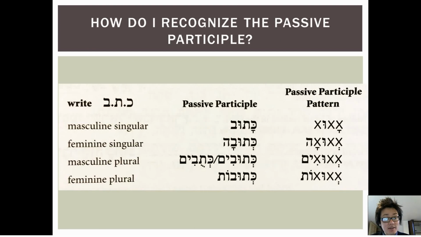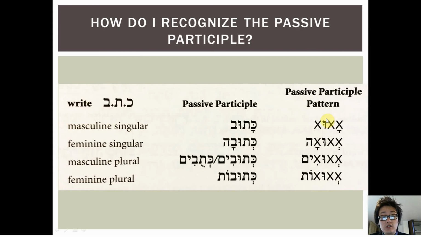How do I recognize the passive participle? Good question. The key here is also going to have to do with vav in some cases, but it's going to have to do with the shurek, the oo sound, which in the pa'al participle will come between the second and third radicals. So the signal that you need to look for is not between the first and second, as it is in the active, but rather between the second and third.